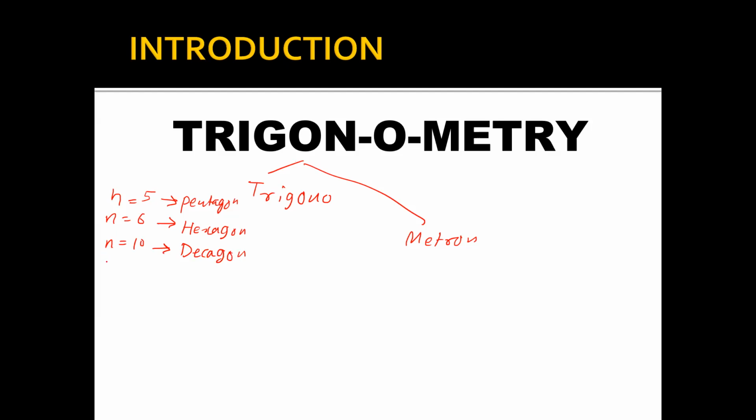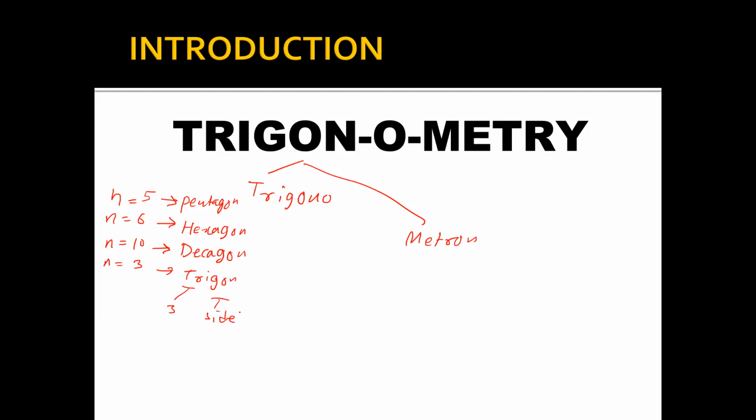Similarly, when the number of sides is 3, that shape is called a trigon. So you can see here, trigon. If I break this trigon into two, you can understand tri means 3 and gon means side.